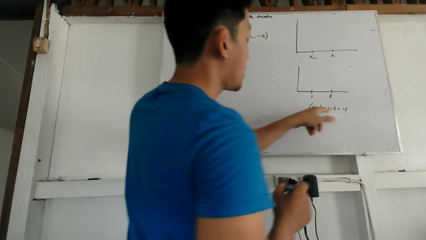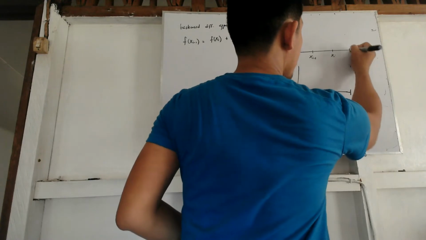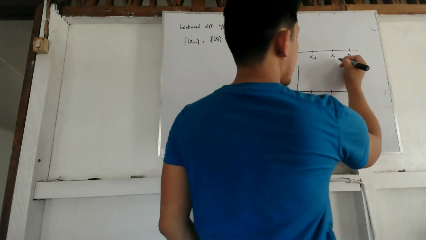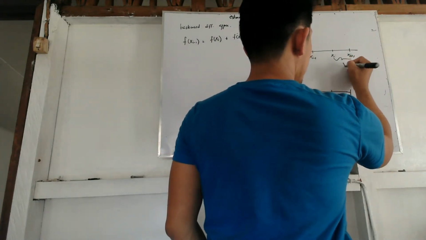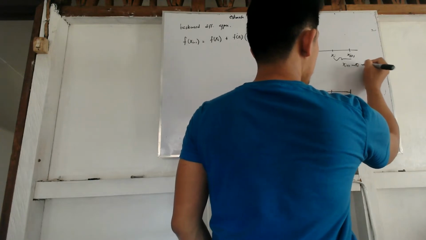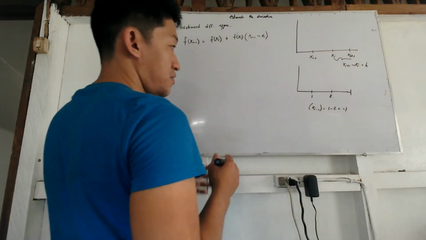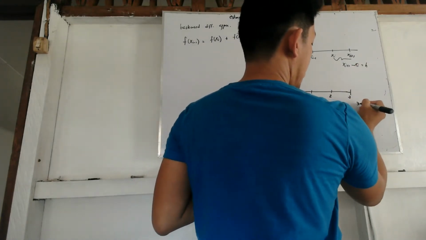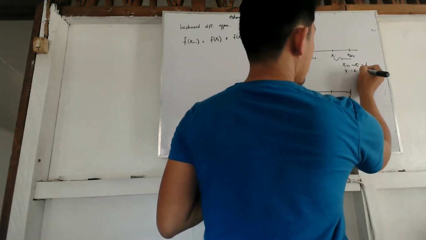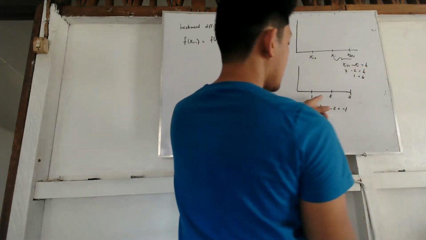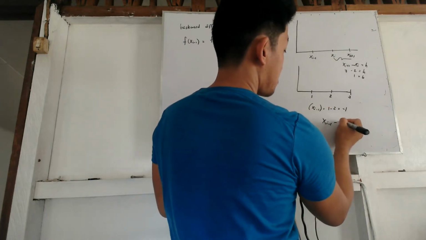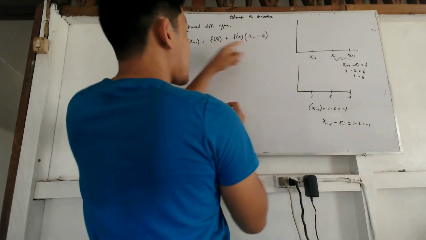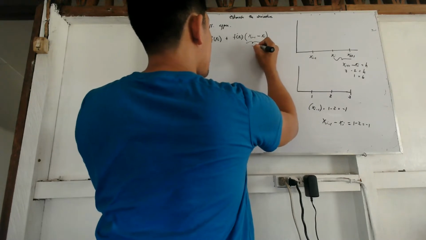Compare to xi plus 1, and take note that xi plus 1 minus xi is equal to h. Therefore, for example, 3 minus 2, h equals 1. Now, xi minus 1 minus xi is 1 minus 2 is negative 1. Therefore, this term is just equal to negative h.